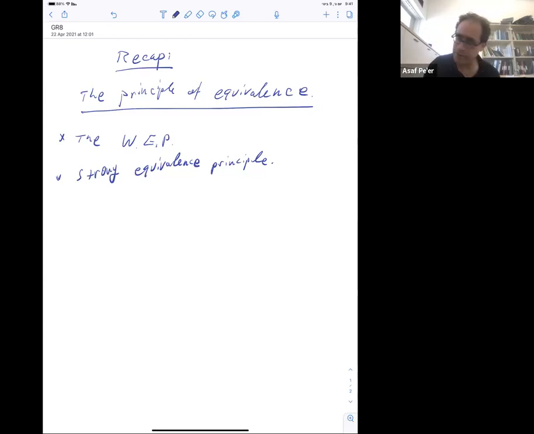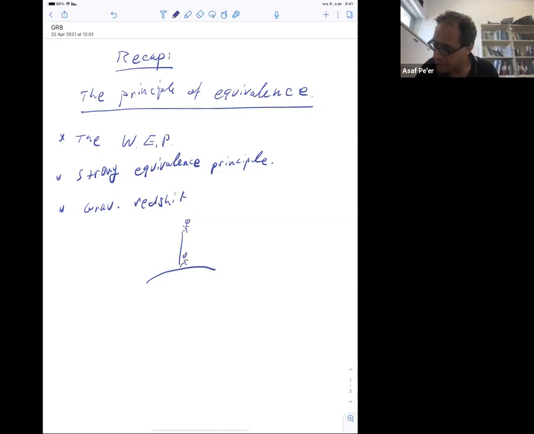And then we discussed gravitational redshift, by giving this example of Ayala and Benny on the top and the bottom of a ladder. And then I argued that this is equivalent to assuming that both of them are not in a gravitational field, but flying in a spaceship which accelerates.